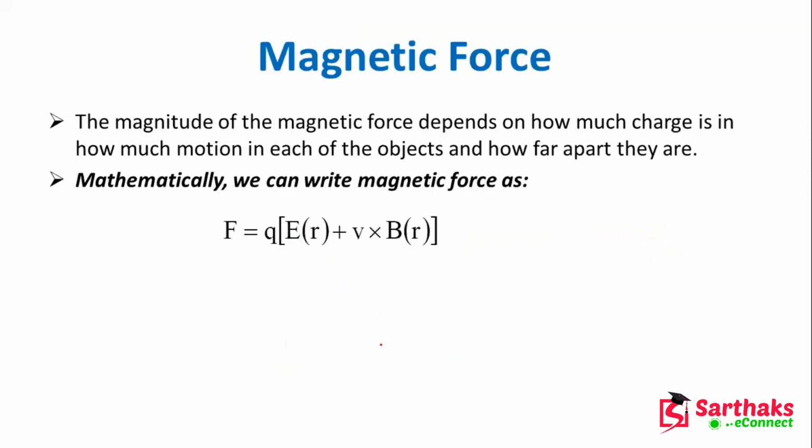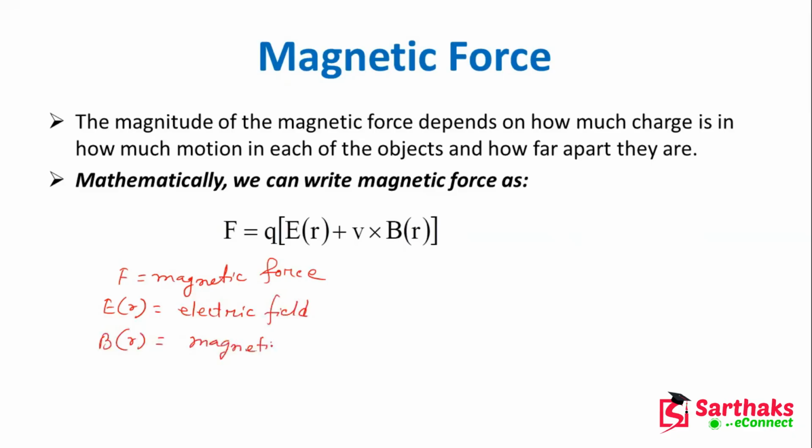The magnetic force will be your F, E is the electric field, and B is the magnetic field. Obviously both are magnitudes.